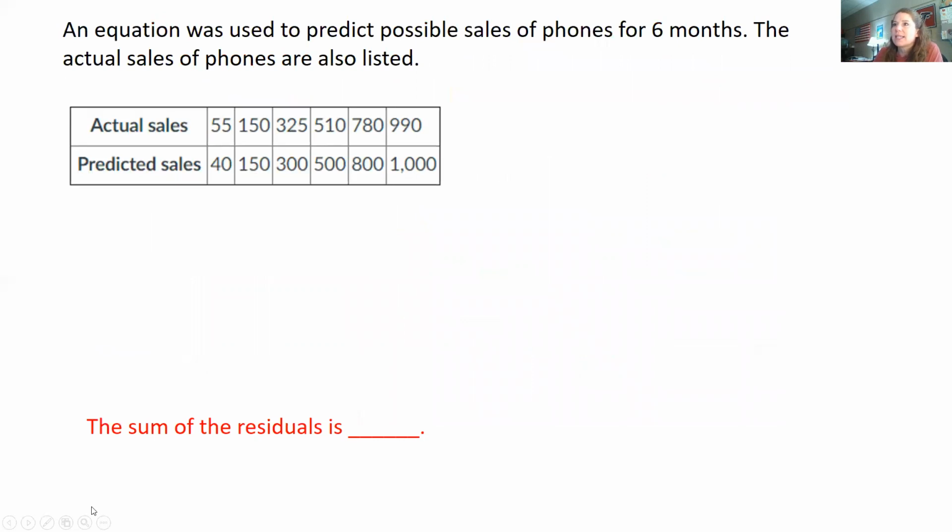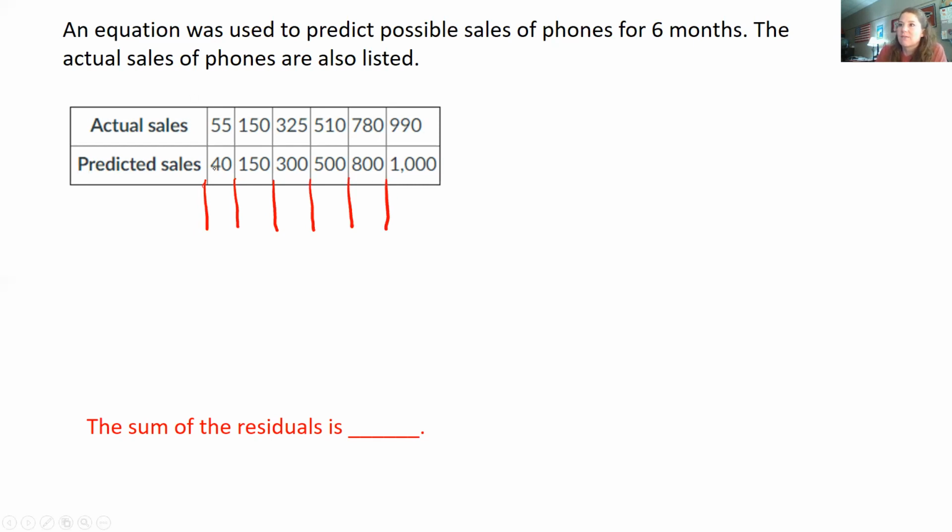All right, this one is asking us, look at the bottom, the sum of the residuals. So it says an equation was used to predict possible sales of phones for 6 months. The actual sales of phones are listed. So if we want to find the sum of the residuals, that means we have to figure out how much we were off by.